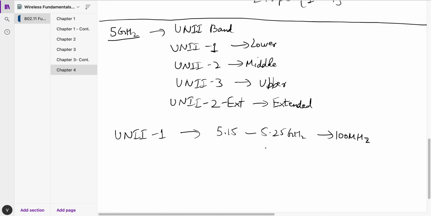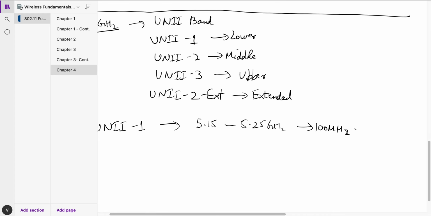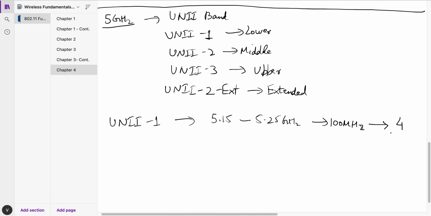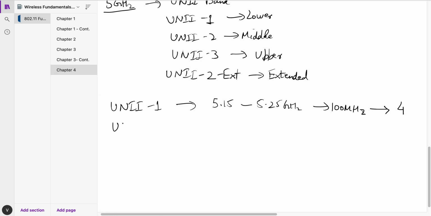So 5.25 gigahertz minus 5.15 gigahertz gives us 100 megahertz of band. And this entire band has four channels. The UNII 2 band covers 5.25 to 5.35 gigahertz of space, also giving us 100 megahertz of band, and also has four channels.